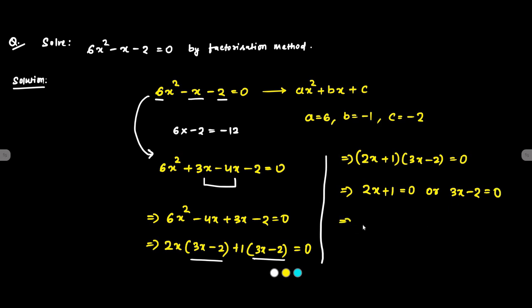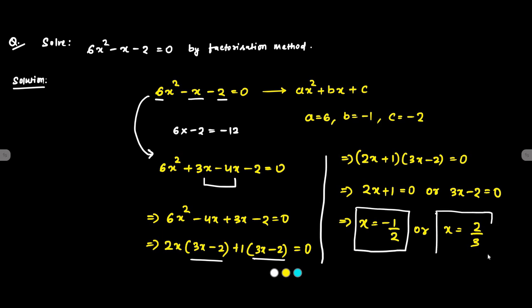So that implies x can be equal to minus 1 by 2 or x can be equal to 2 by 3. So these are the two roots or solutions of the quadratic equation. x can be equal to minus 1 by 2 or x can be equal to 2 by 3. These are the two roots of the quadratic equation.